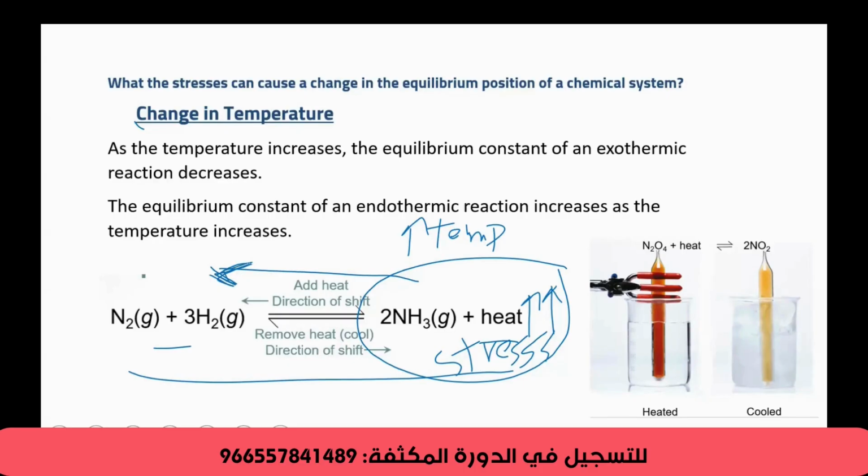Very good. Consequently, what is increased? Nitrogen gas more, hydrogen gas more. Unfortunately, what decreased? I have less ammonia now. So if you're trying to produce ammonia, I'm sorry, increasing the temperature will not help you. In fact, it will decrease my product.